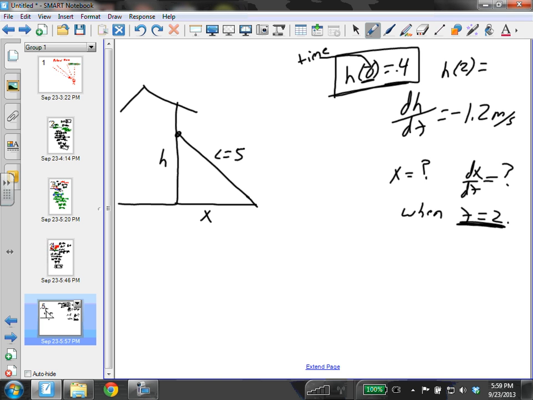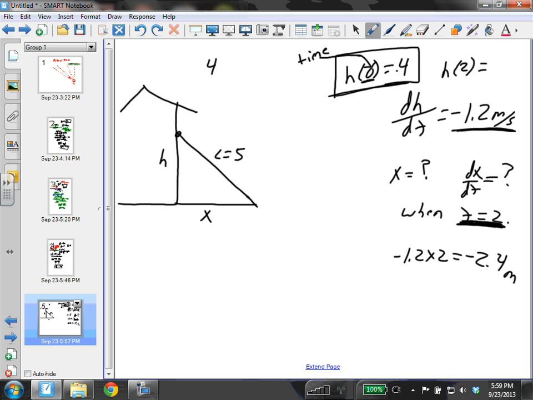The way that we can find this is because if h started off at 4, but it's decreasing by 1.2 meters every second, then we can do negative 1.2 times 2 because 2 seconds have elapsed. That means this ladder has dropped by 2.4 meters.